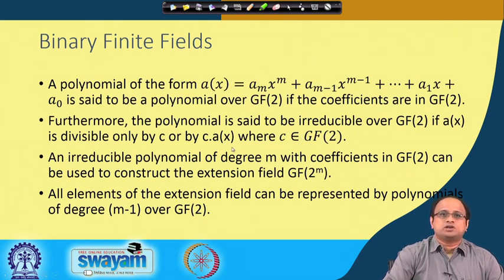So, an irreducible polynomial of degree m with coefficients in GF(2). Suppose this polynomial is irreducible, which means you cannot have trivial factors for this polynomial A(x). Then it qualifies as an irreducible polynomial.